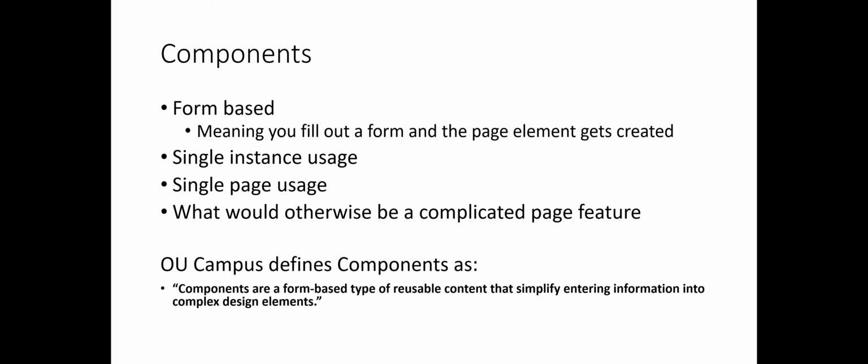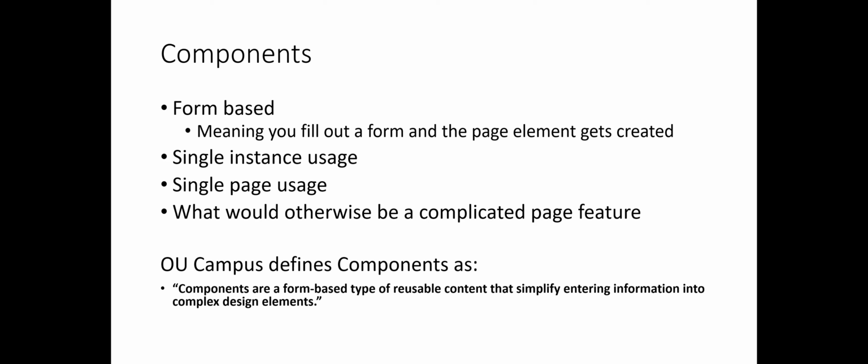The reason we have components is that they allow us to create otherwise complicated items really quickly, effectively, efficiently, and with ease. They're typically only going to be used on one page, and they're form-based, so that means they're really user-friendly. You fill out a form, and then the page element is created.